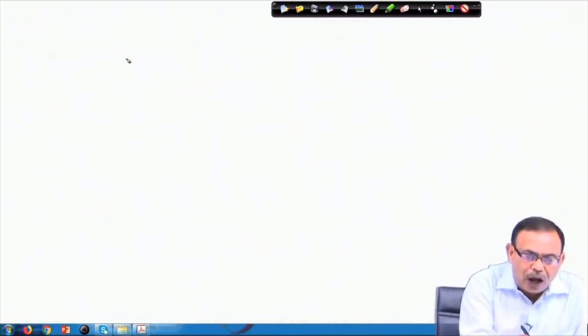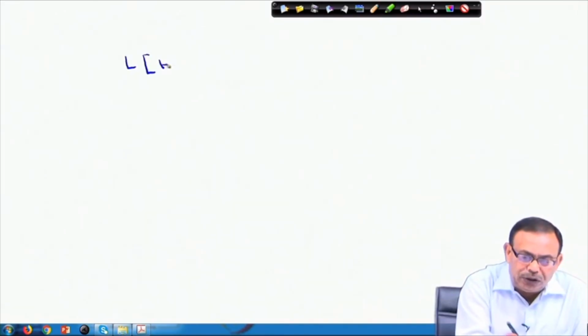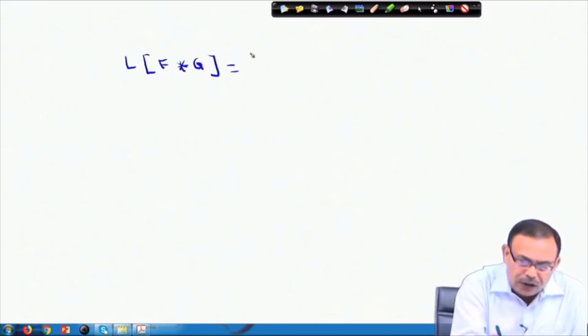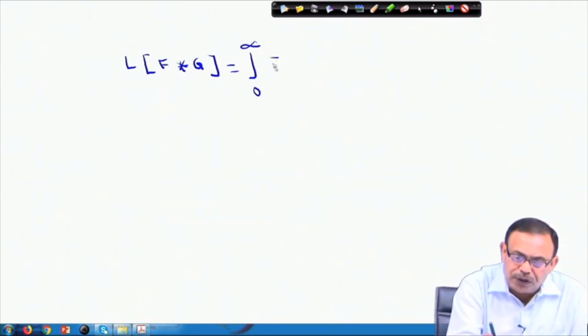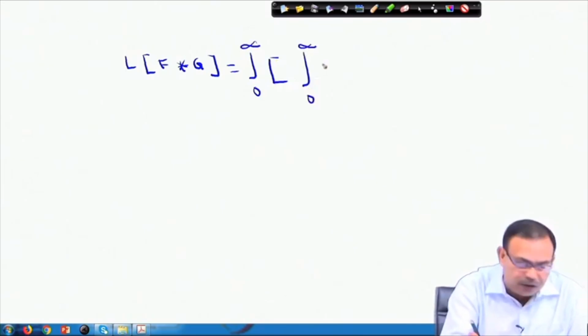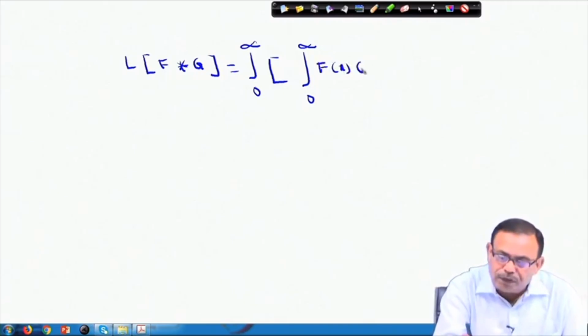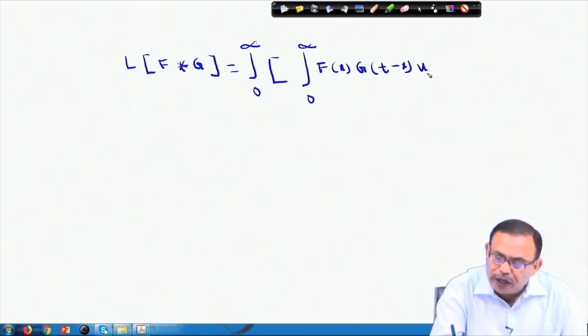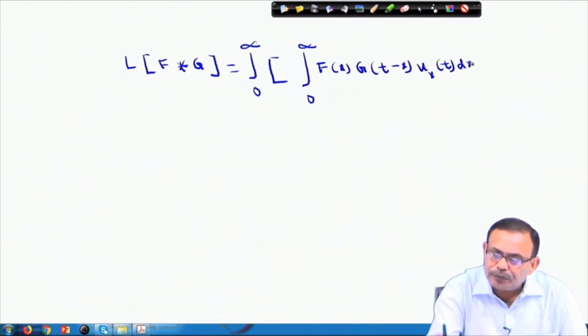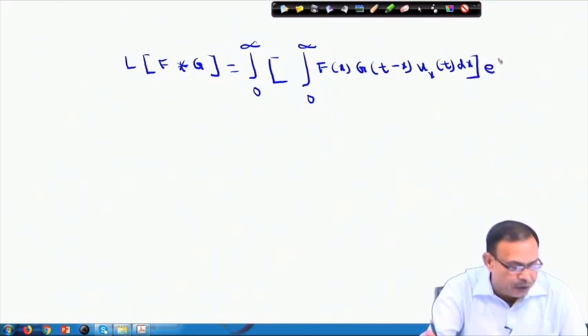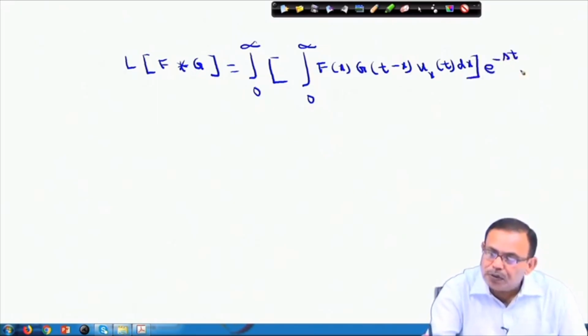So, therefore, I can write, using this new function, the Laplace transform of f star g as equal to the integral from 0 to infinity, and this will also be 0 to infinity due to that reason. Please note this, f(x) g(t minus x) u(x, t) dx into e power minus s t into dt.